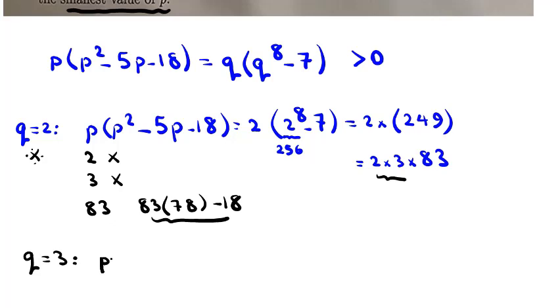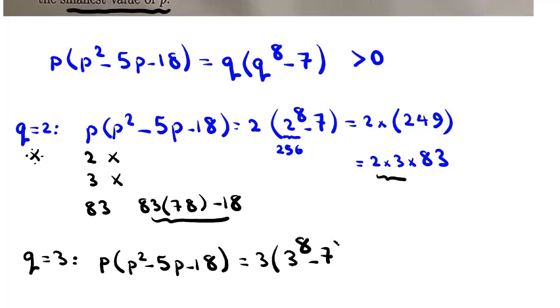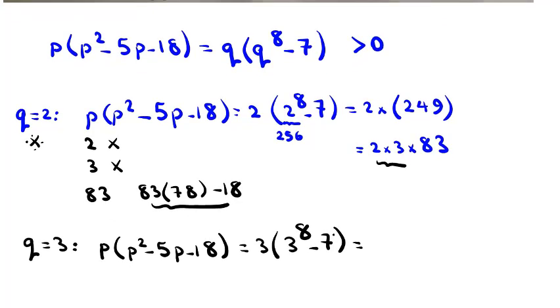So let's solve the next case. P times P squared minus 5P minus 18 equals 3 times 3 to the power of 8 minus 7. Now, if we calculate that, 3 to the power of 6 is 729, and it will be times 9, so 9 times 9 is 81. 9 times 2, 18, 26.